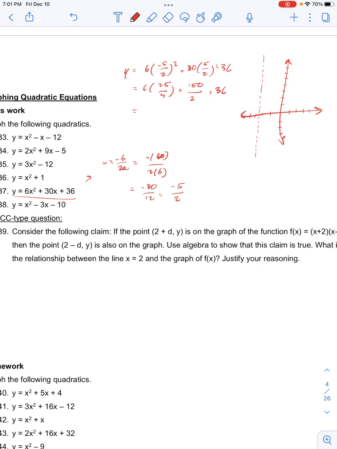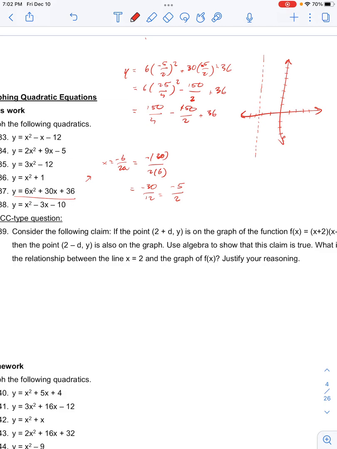And then we'll have 150 over 4 plus, oops, I forgot a negative in here. So that's a negative 5 over 2. So that means this is a negative 150 over 2. So we have negative 150 over 2 plus 36.